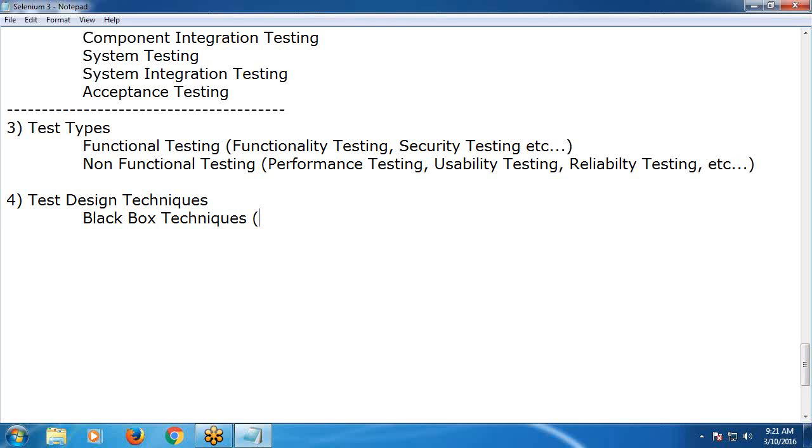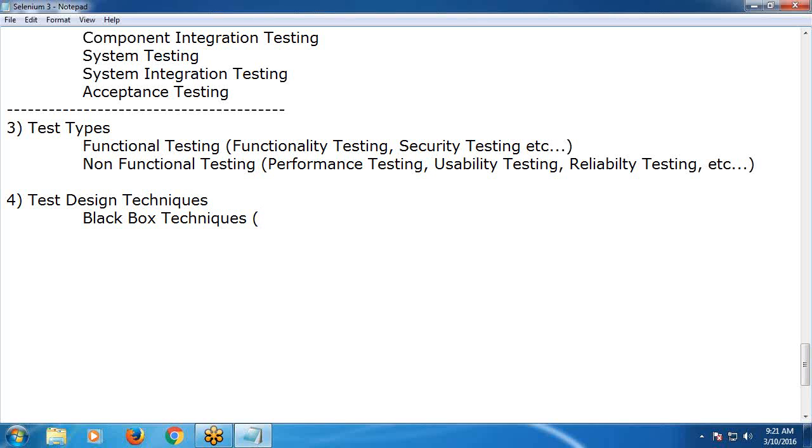Sometimes experience based techniques for informal testing, but we don't use white box test design techniques. Developers use white box test design techniques in unit testing. Okay, tell me, give some examples for black box test design techniques.